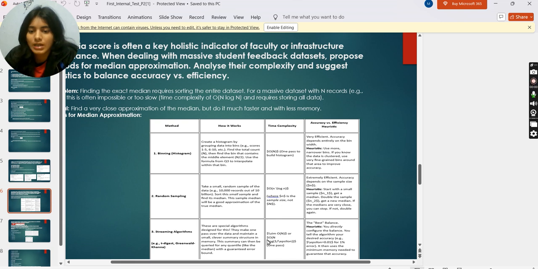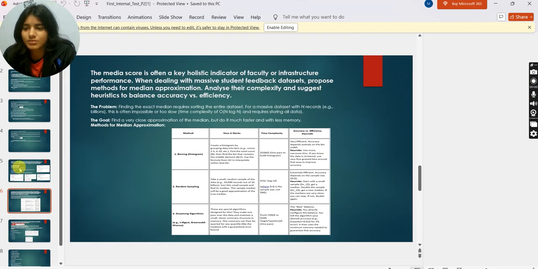They make one pass over the data and maintain a small, clever summary structure in memory. This summary can be queried for any quantile like the median with a guaranteed error bound. So it will give us the accuracy and efficiency heuristics.